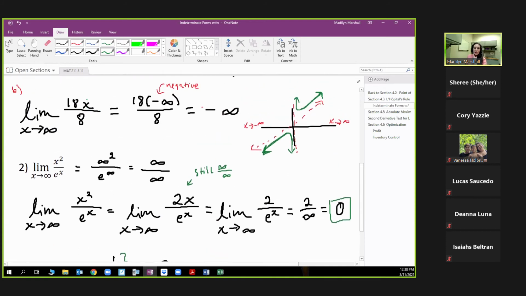There's usually not a whole lot of work that goes into these, but then there's a little bit of thinking at the end, like what's going on here if we have 2 over infinity? Any questions about L'Hopital?